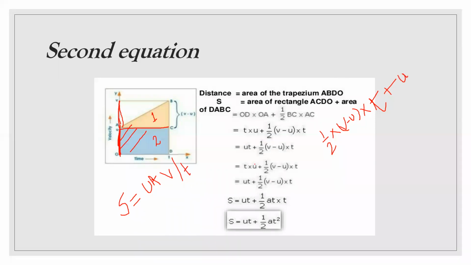And breadth will be t. Correct? So we got this equation: ut plus half (v minus u) into t. Right? Any confusion in this equation?